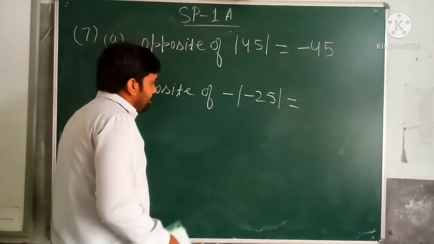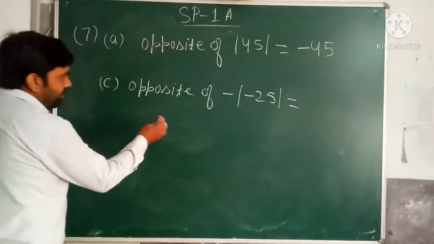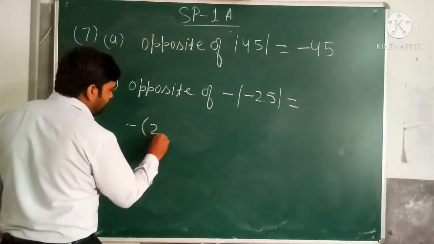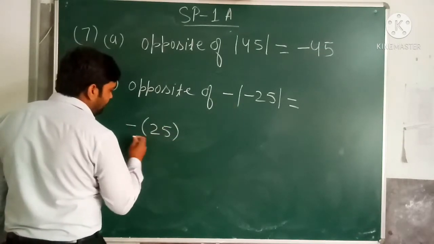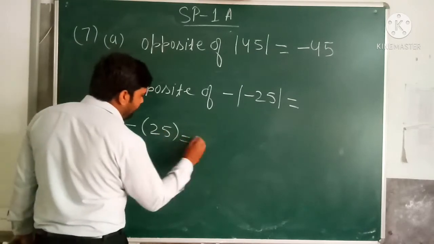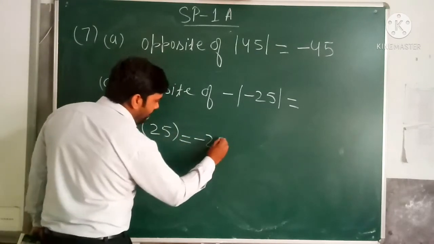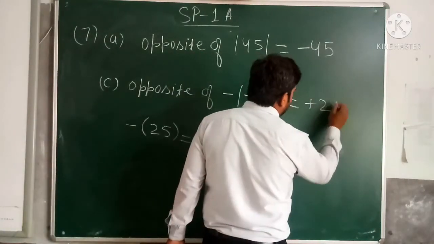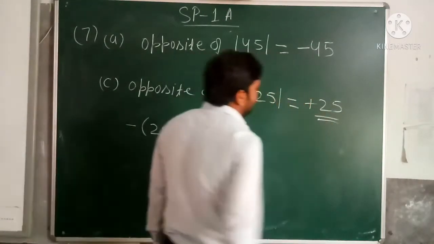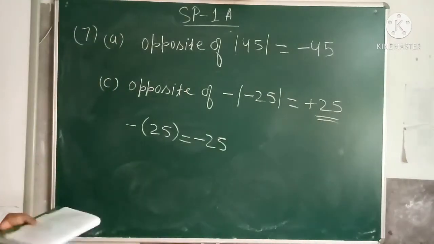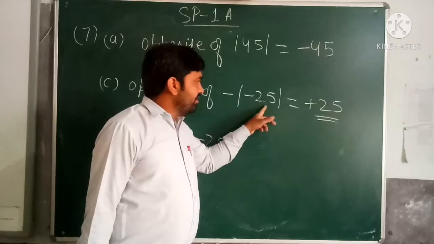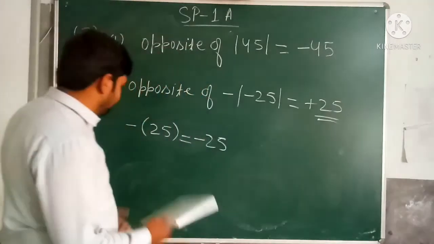I am solving it here. This mod of minus 25 gives you plus 25. Now minus times plus gives you minus 25. Now the opposite of minus 25 is plus 25. So the opposite of minus of absolute value of minus 25 is plus 25.